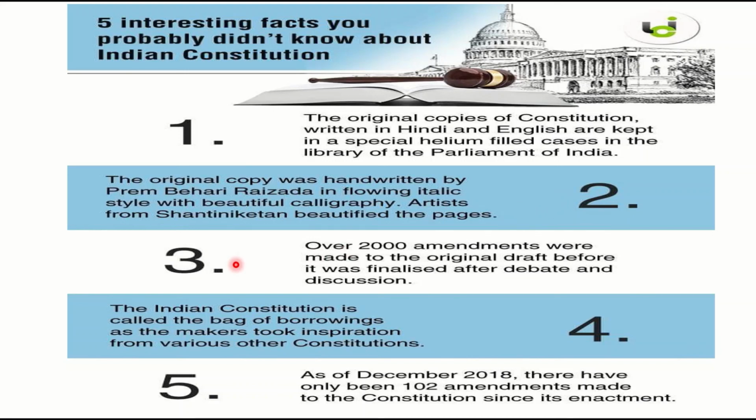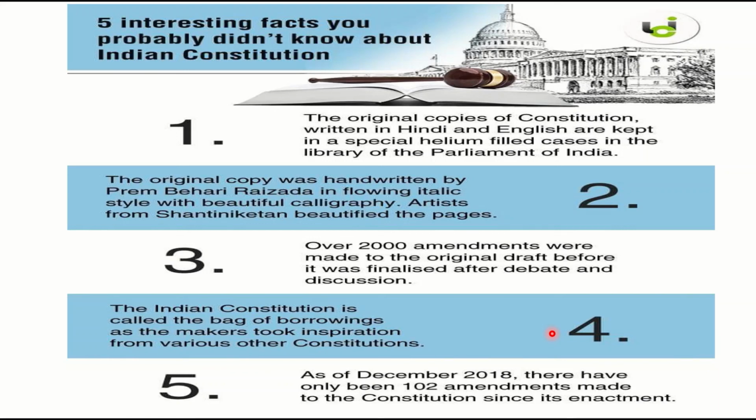The third fact is that over 2,000 amendments were made to the original draft before it was finalized. The fourth fact is that the Indian Constitution is called the bag of borrowings, as the makers took inspiration from various other countries, as I showed in the previous slide: the USSR, Russia, Japan, France, and different countries.